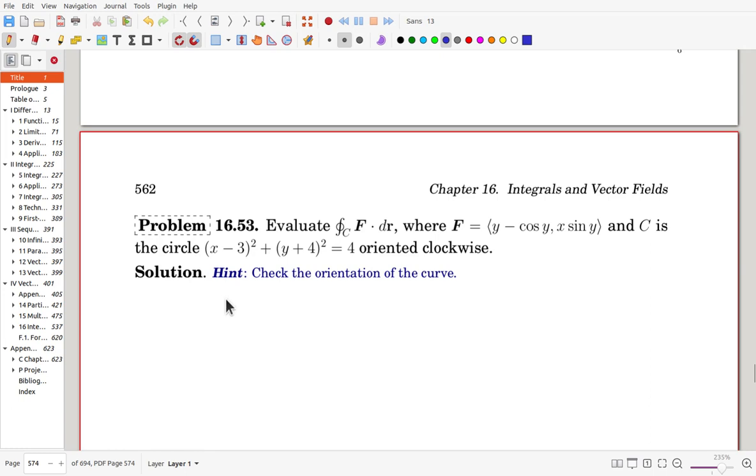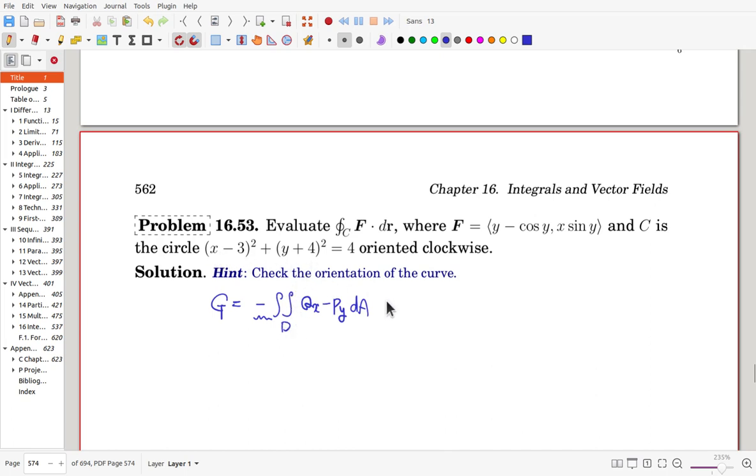So the given integral must be the negative of the regional integral of Q sub x minus P sub y dA. You have to put a negative here because it's oriented clockwise. This is negative orientation. Okay, so inside of this circle is D.